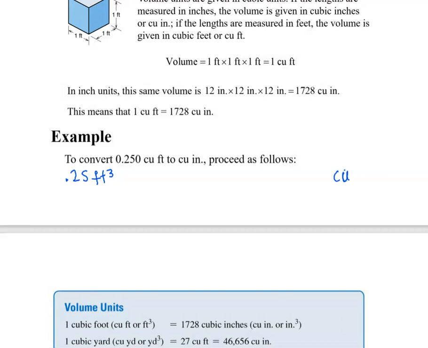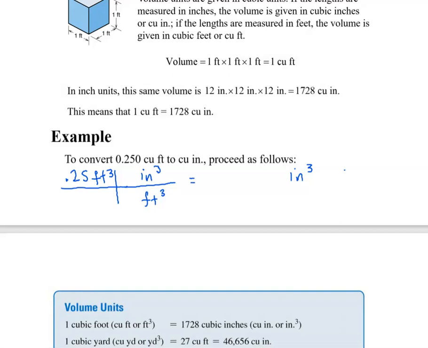I usually use the exponent and say, instead of saying cubic feet, I say feet cubed, same difference. But what do we know? We need our feet cubed to cancel out. We need inches cubed on the top so that our answer is in inches cubed.